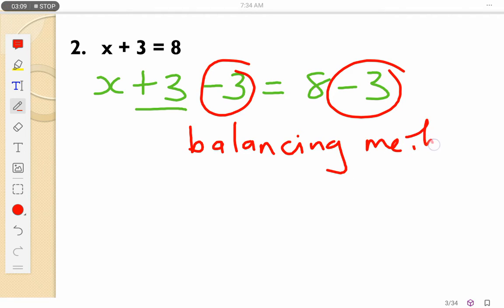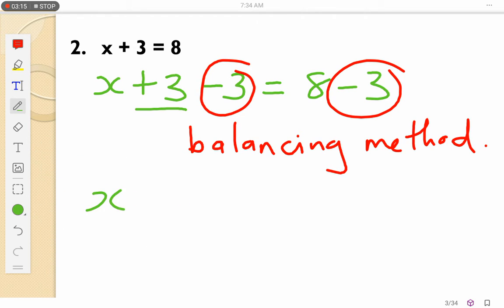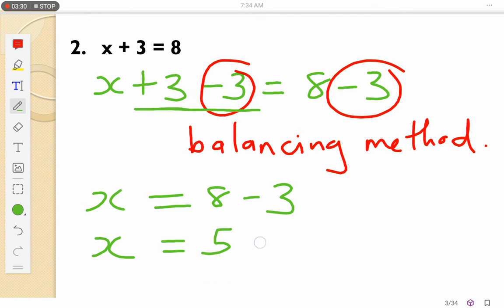Okay, so when we have that, we can say x plus 3 minus 3, there we get 0. So this is now equal to 8 minus 3. So x is equal to what? 8 minus 3, what do we get? We get a 5. So this is our value there.